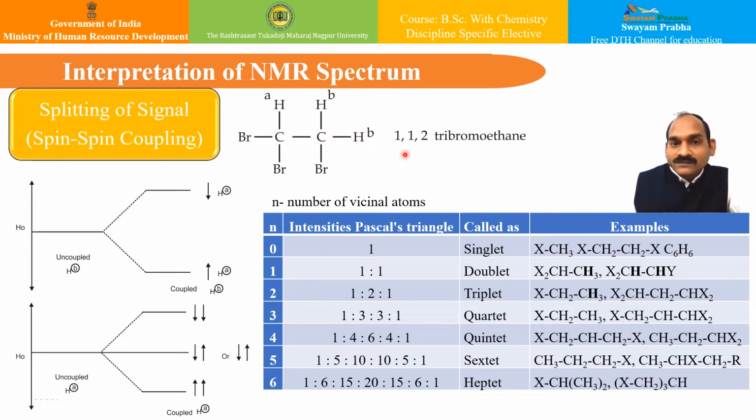When there are 2, 3 or more neighbors, additional splittings can be observed, all with different intensities, and those intensities are governed by Pascal's triangle.